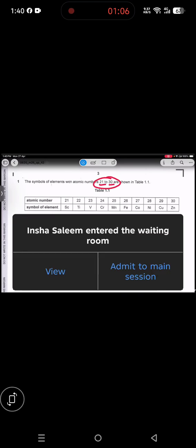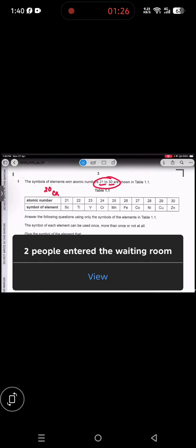Before that we have calcium, whose atomic number is 20, and after 20 comes 21. So 21 is where the transition elements start, till 30. After 30 we have the representative elements.